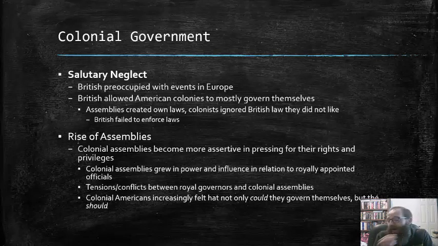And there was constant tensions and conflicts between royal governors and colonial assemblies as each tried to vie with one another for authority over the management and government of the colonies. Increasingly, colonial Americans felt that not only could they govern themselves, but they should govern themselves.